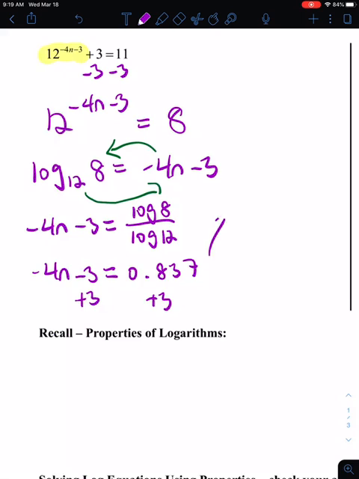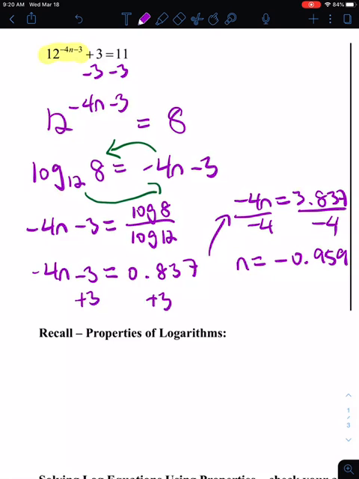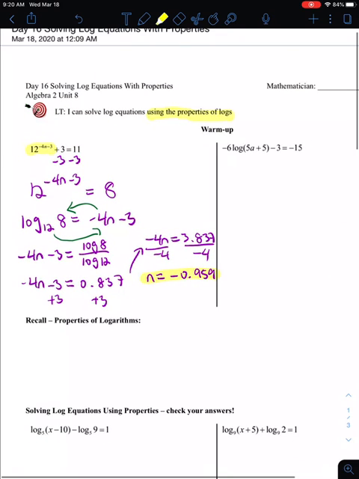Negative 4n is equal to, I got, 3.837. And then, of course, divide by negative 4. So your final answer should be negative 0.959, and there it is.